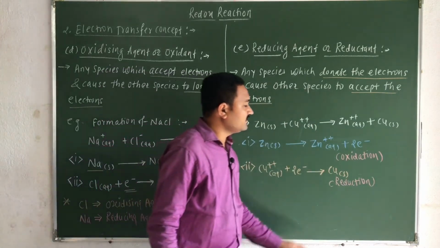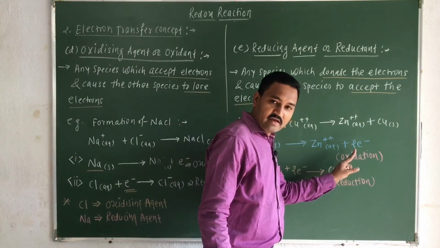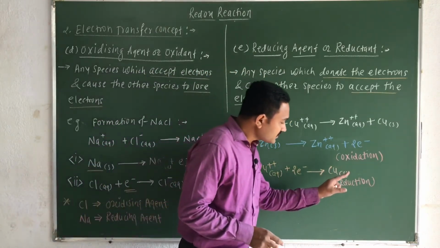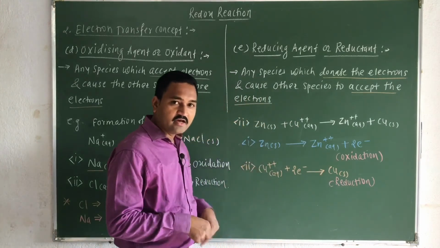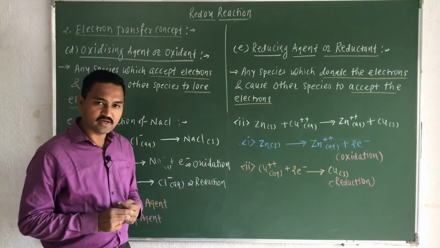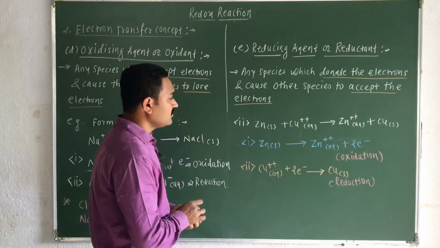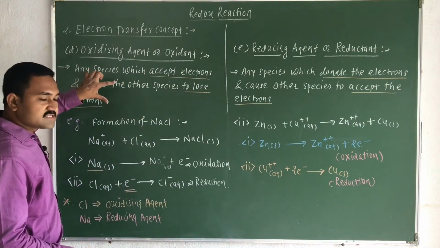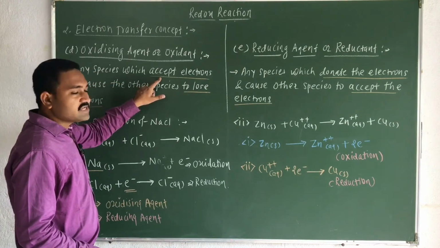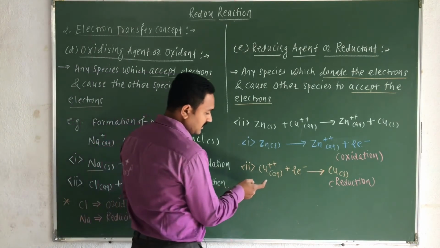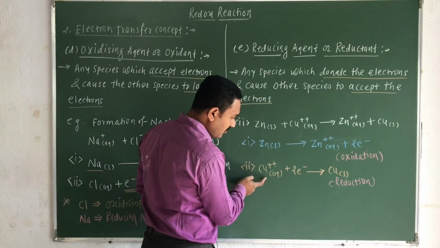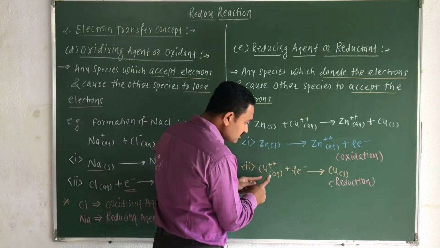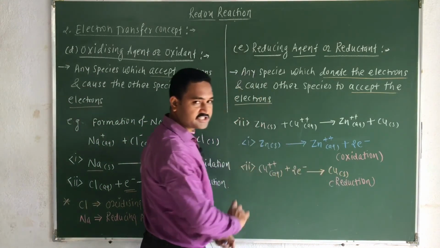Now I will tell you one trick, very simple. Whenever the oxidation takes place in any species, it will act as a reducing agent, and whenever the reduction reaction takes place in any species, it will act as an oxidizing agent, exactly opposite. If we consider the definition, it will be the same. Which species is accepting the electron? Obviously copper accepting the electron, hence it will act as an oxidizing agent. But this oxidizing agent undergoes the reduction reaction.